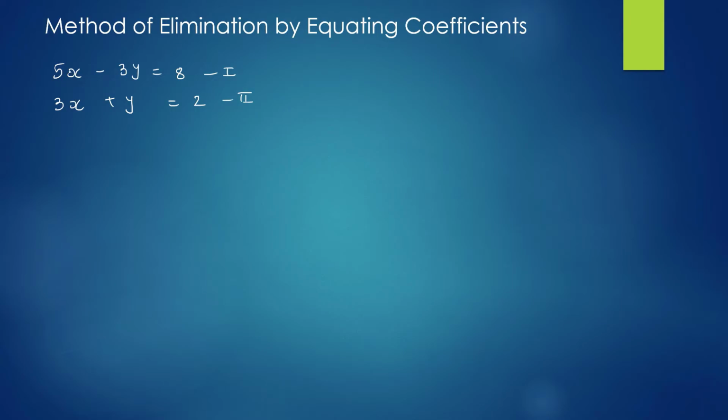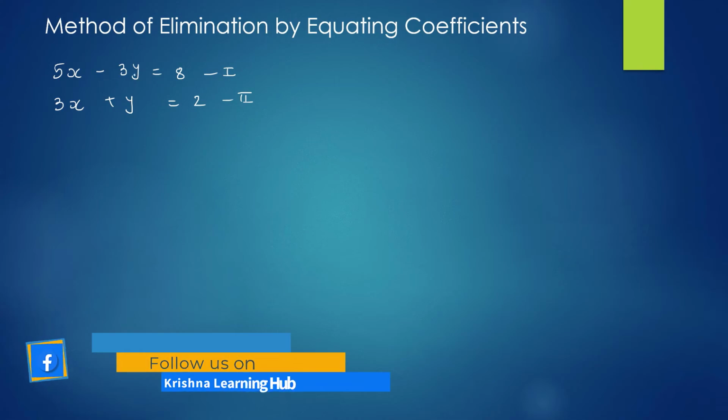For x the coefficients are 5 and 3, for y the coefficients are 3 and, if nothing is there, then the coefficient is 1. So we have to equate any one of the coefficients, either x or y. Now in this question we are equating the coefficient of y.